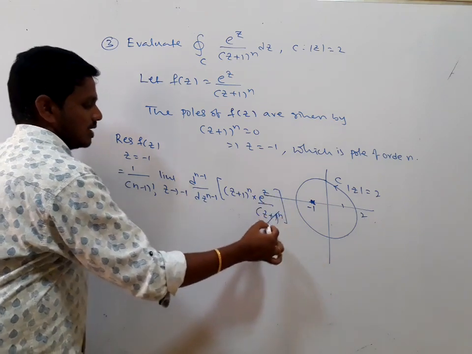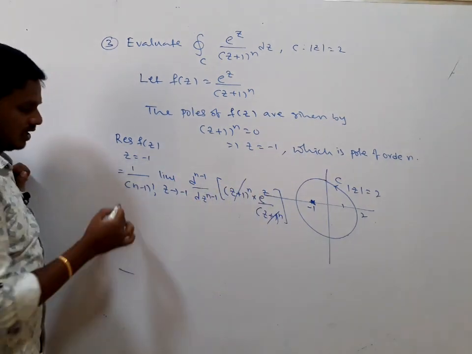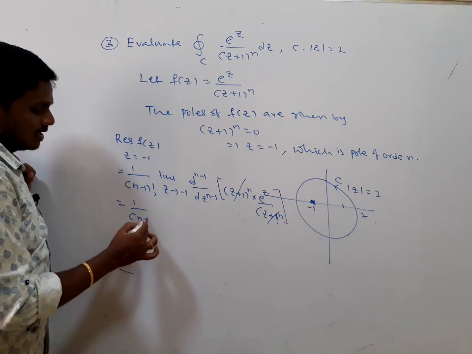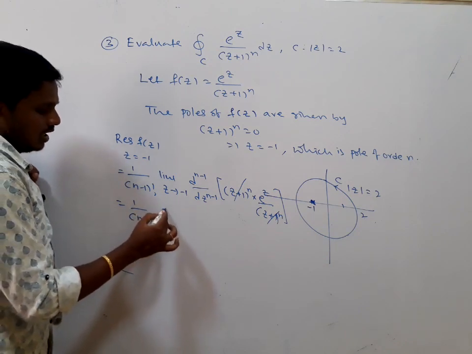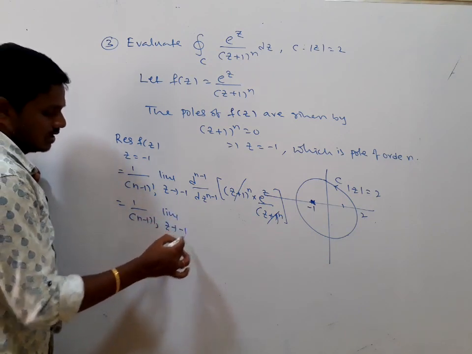Is it clear now? The (z plus 1) whole to the power of n terms get cancelled.